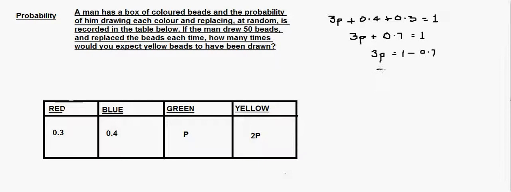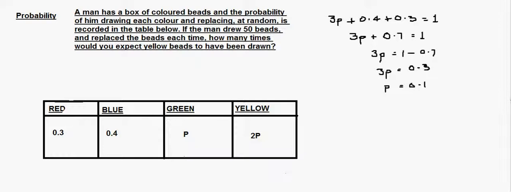So 3p will equal 0.3. So obviously p must equal 0.1. And I urge you to do this and notate in this way so examiners can see exactly what you're doing. So now I know that p is 0.1.